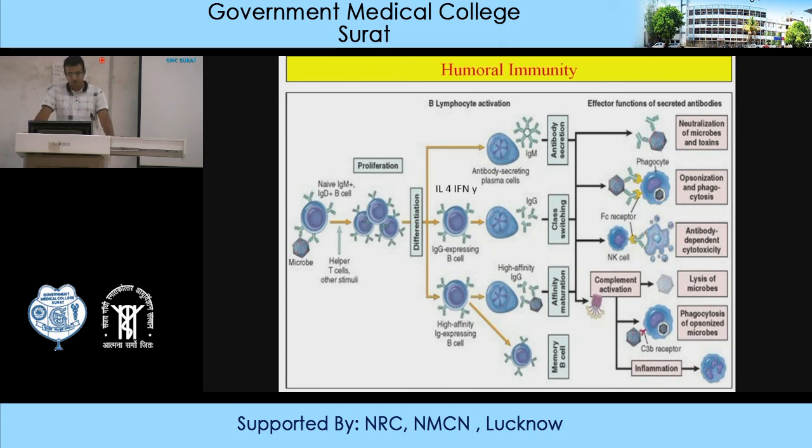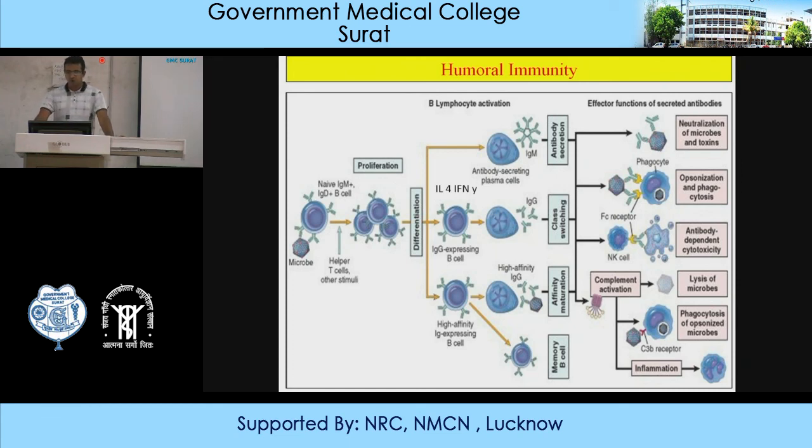This mechanism is known as affinity maturation. After activation, plasma cells also secrete IgE antibody. Normally plasma cells do not produce IgE antibody, but upon activation they do. This is known as class switching.